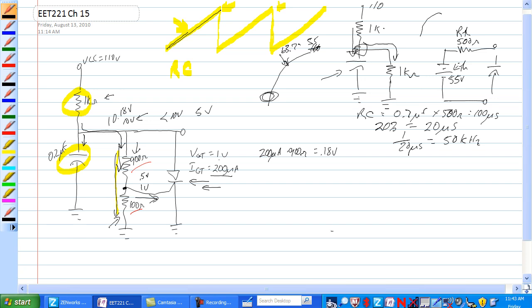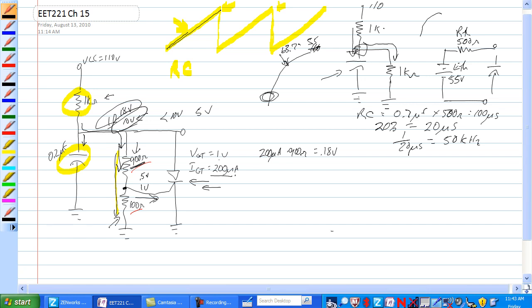The quick and dirty method says it gets to 10 volts. We don't care about 200 microamps. If this was 20 milliamps, you would care. Of course, you would have different values here if that was 20 milliamps too. So 200 microamps times 900 ohms is 0.18 volts. So this reaches about 10.18 volts. Quick and dirty method says it reaches 10 volts.